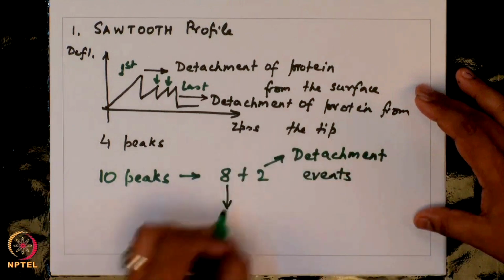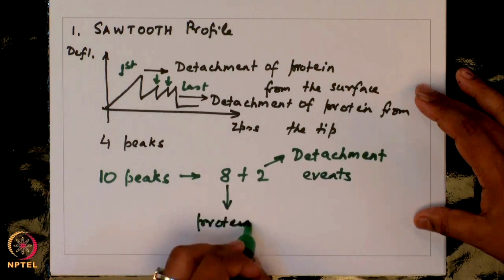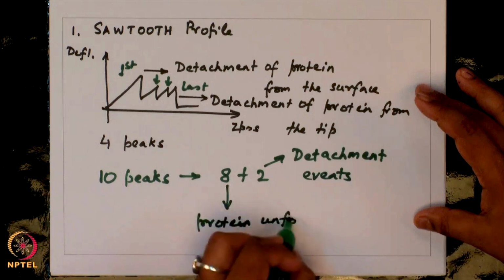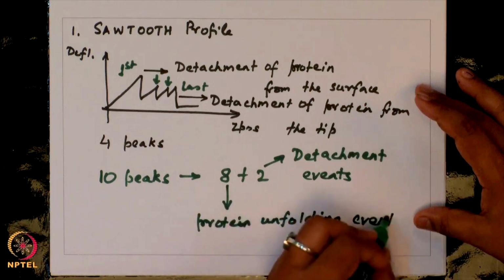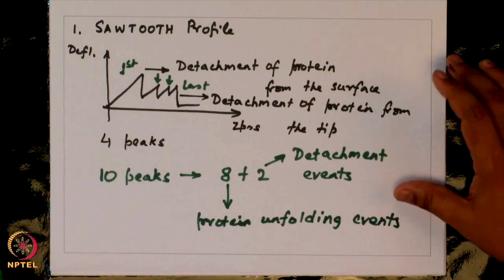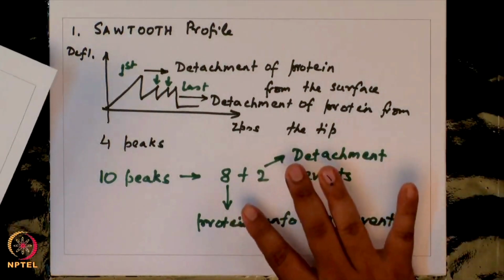But these 8 correspond to protein unfolding events. But it is not necessary. For example, let us say you did this pulling experiment and you got 8 peaks, but it is not necessary that you will always get 8 peaks.